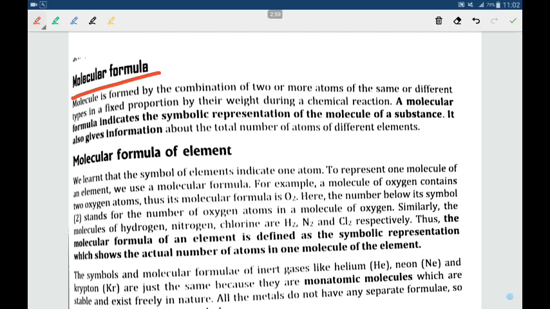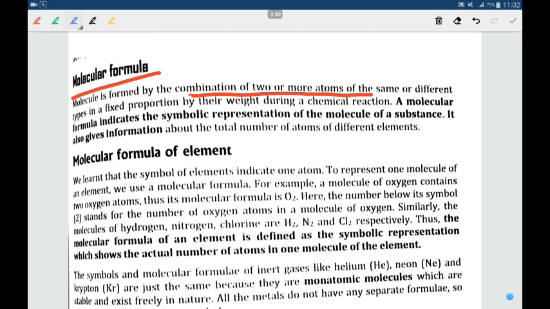A molecule is formed by combination of two or more atoms of the same element or different elements. When two or more elements or different elements combine in a fixed proportion, then it is a molecule. If the proportion is not fixed, then it is not called a molecule.